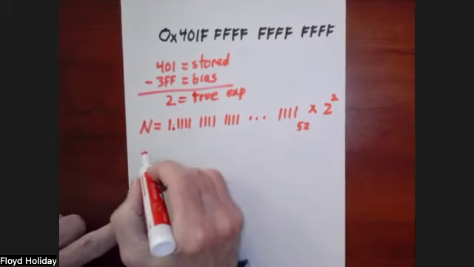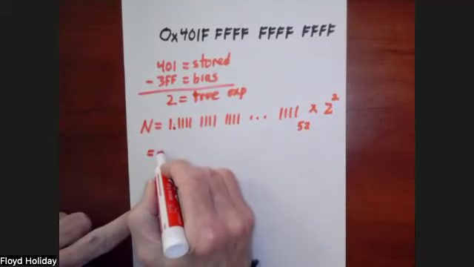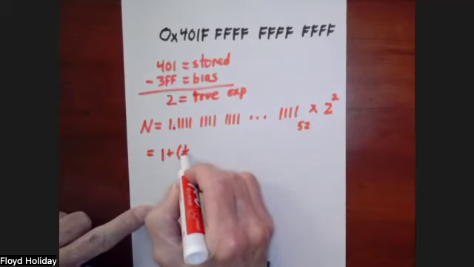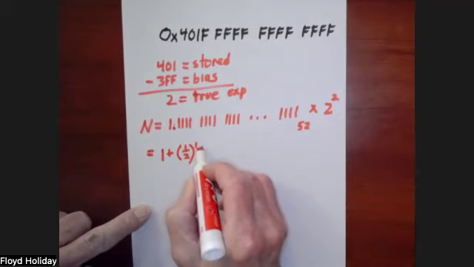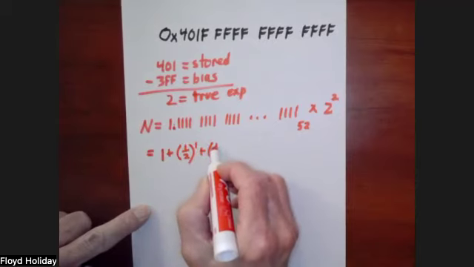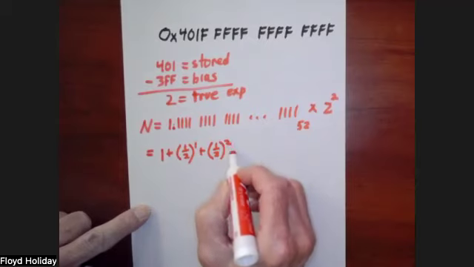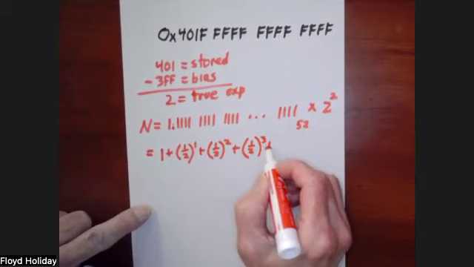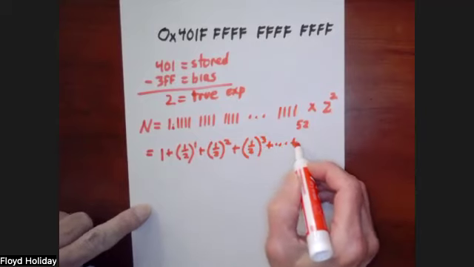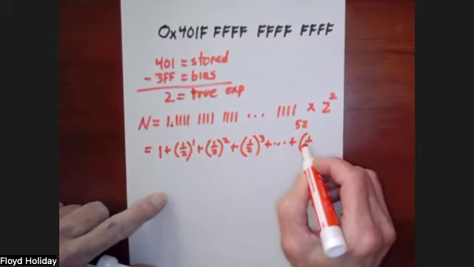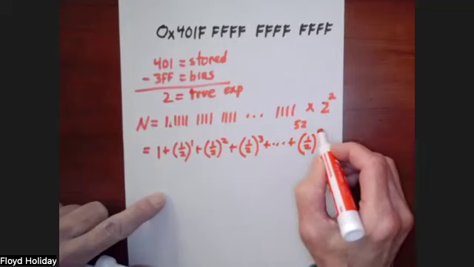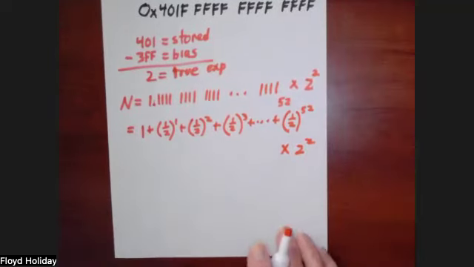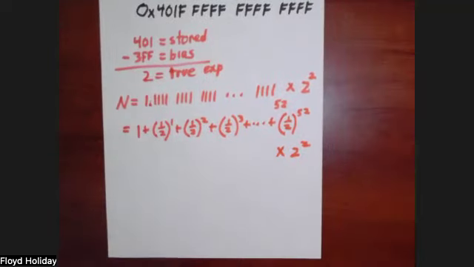What it means is it's 1 plus a half plus a half to the 1 plus a half, plus half. The whole thing times 2 to the 2. So I interpreted each one by position.